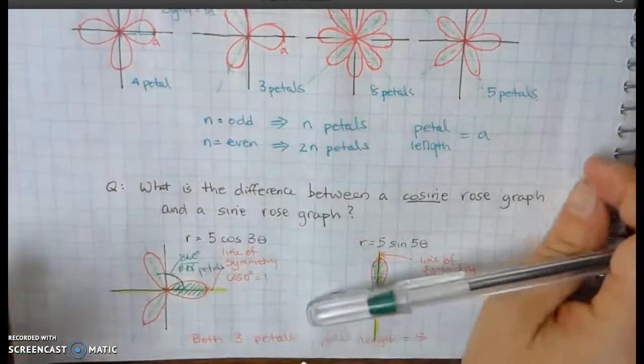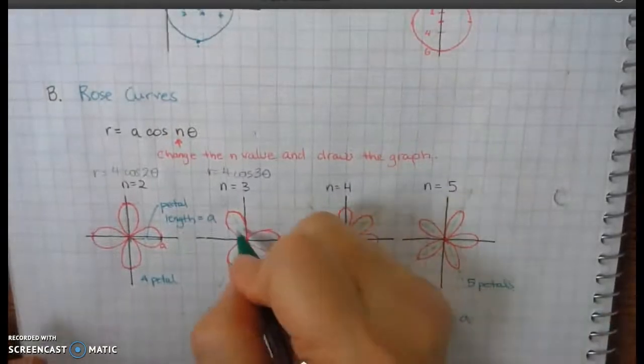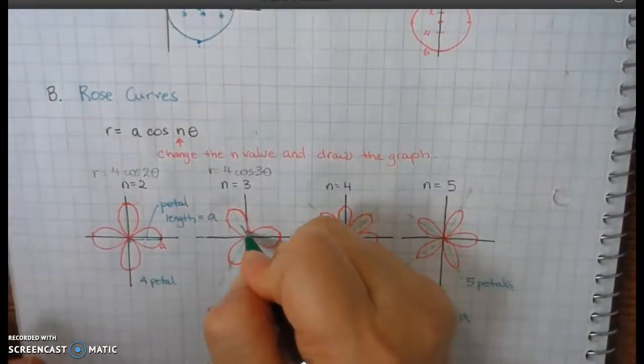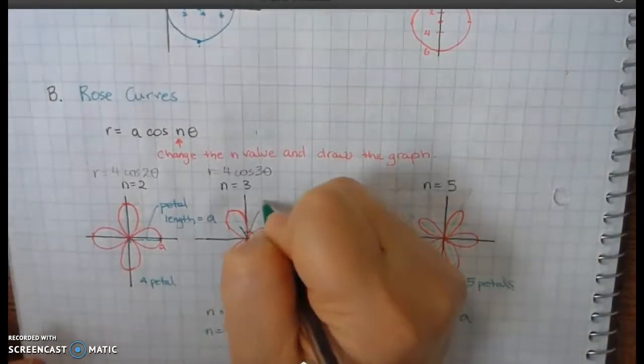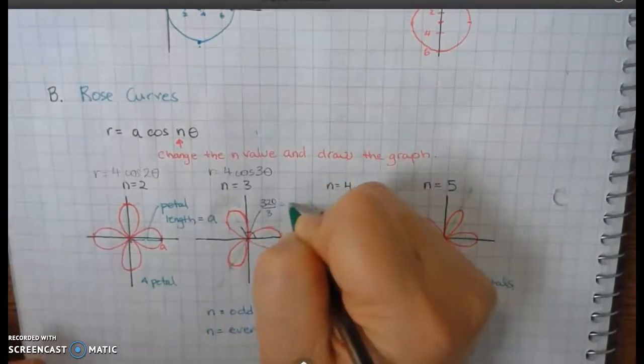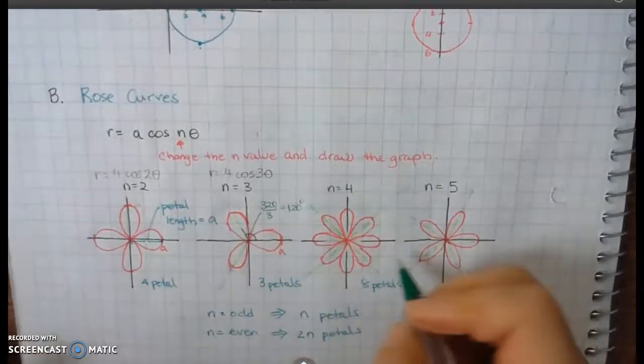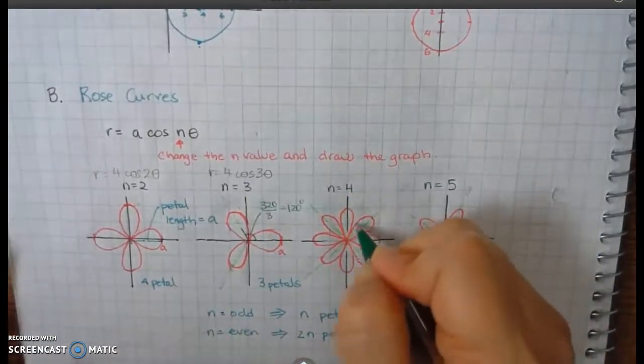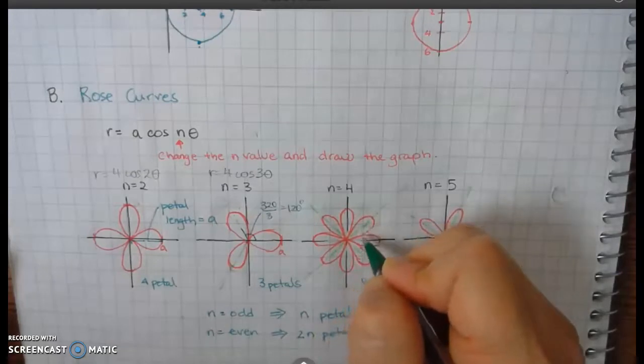So what that means is, in this case, what is this angulation here? That's going to be 360 degrees divided by 3. So that is going to be 120 degrees. What about this? This is 360 degrees divided by 8.